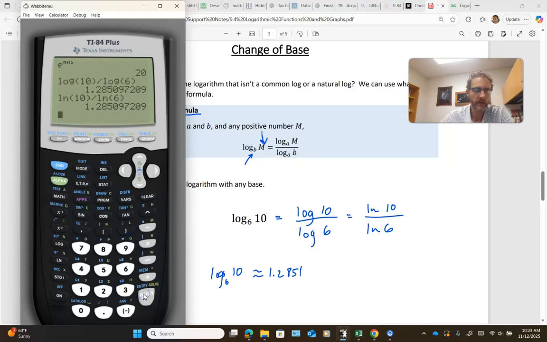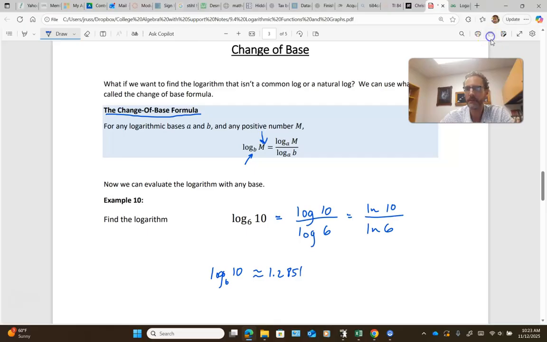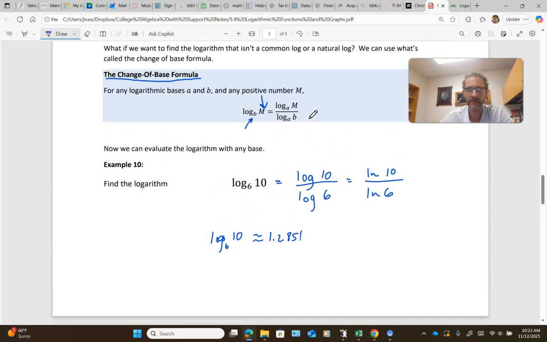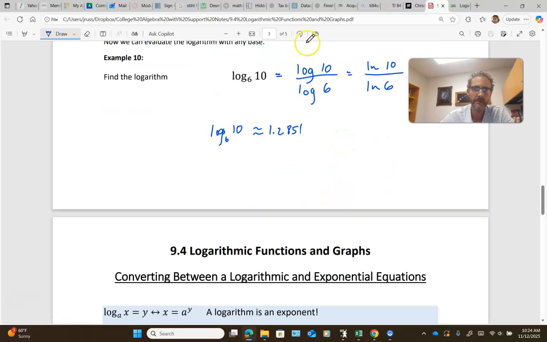Okay. And we get the same thing, don't we? Alright, well that's basically utilizing the change of base formula. Okay. So it doesn't matter what the argument and the base are here. You can use either the common log or the natural log to change the base and evaluate this logarithm.